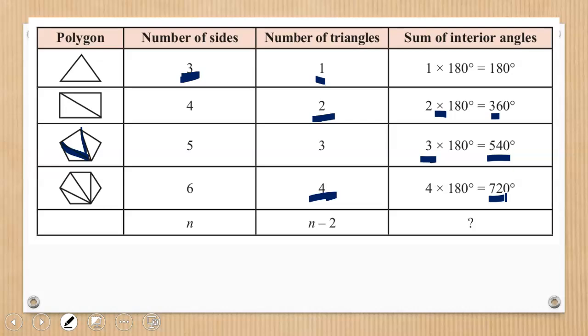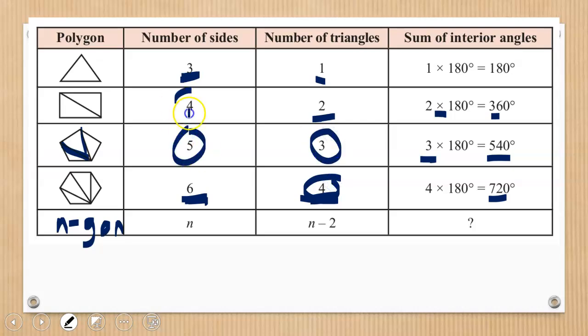If this continues and I have n number of sides, or an n-gon, then the number of triangles that will be created will always be the number of sides minus 2. So the number of sides minus 2 will give us the number of triangles.